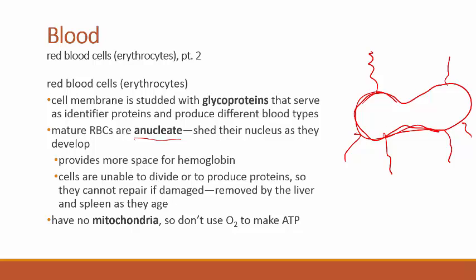But there's a consequence to not having a nucleus. Because there's no DNA inside a red blood cell, there's no ability to repair damaged red blood cells. And that's a big reason why they only last about 4 months in circulation. They also don't have any mitochondria. And this is important because you don't want the thing that's carrying your oxygen to be needing to use oxygen. They can still make ATP.